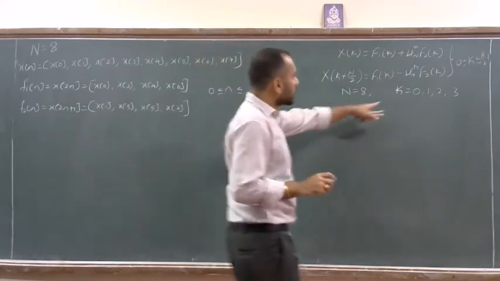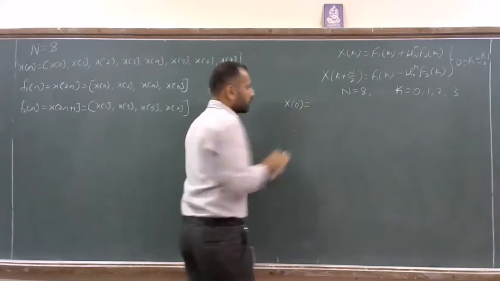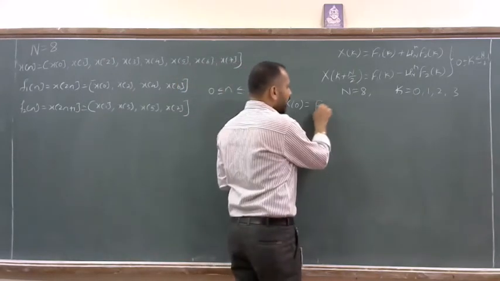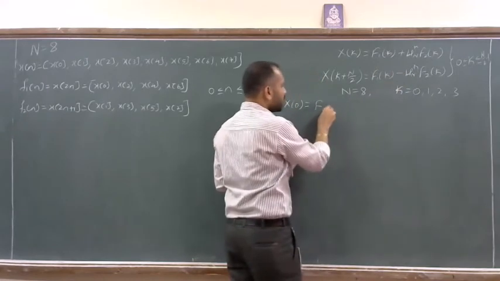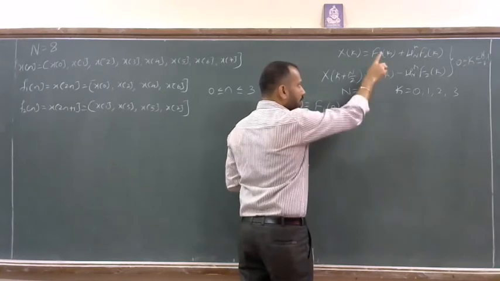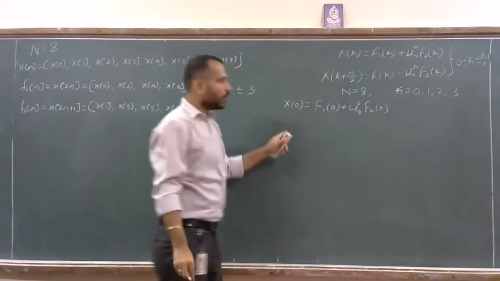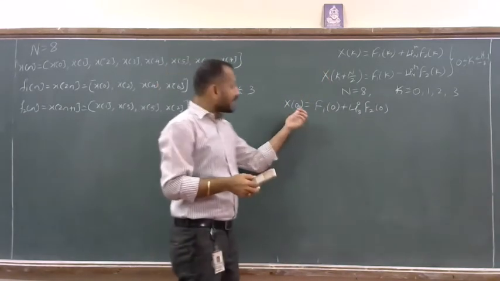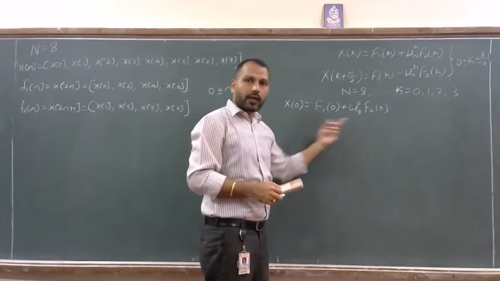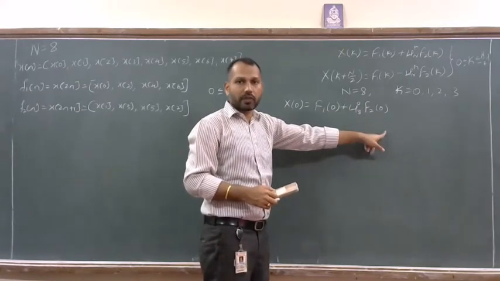Okay. Now substitute k equals 0 in the first equation. For k equals 0 in the first equation, it will give us x of 0, which is the first DFT point. We get F1 of 0 plus, capital N is 8, so W8 to the power k, which is 0, multiplied by F2 of 0. So the first DFT point x of 0 will be the sum of the first DFT point in F1 of k and F2 of k, but multiplied by the twiddle factor W8 to the 0 to the second DFT point.